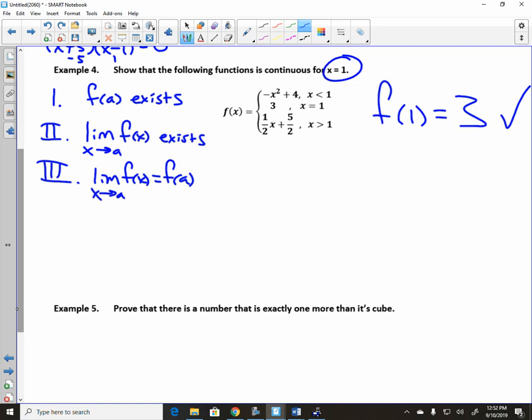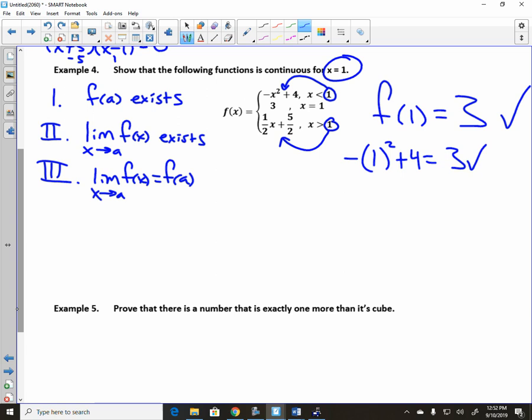I'm going to check number 2. I need to check the limit. In order for the limit to exist, it has to be the same from the left as it is from the right. So if I want to check it from the left, what do I plug 1 into? That's from the left, correct? This is from the right. Well, what's -1 squared plus 4? I get 3.